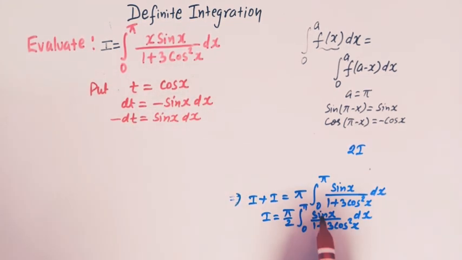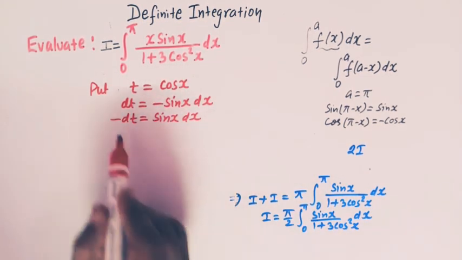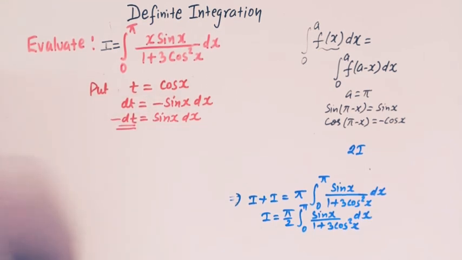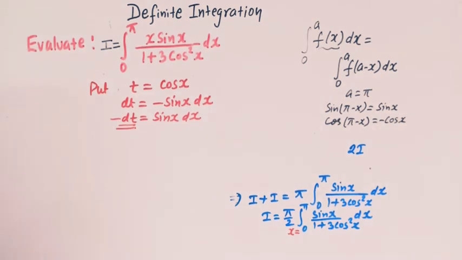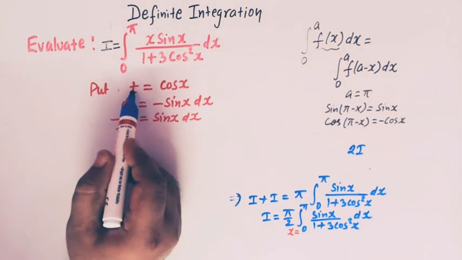right? So for this sin x dx, we can substitute minus dt, and here we see that the limits of integration are from x equal to 0 to pi. So let us change the limits, because we have changed the variable from x to t, right?